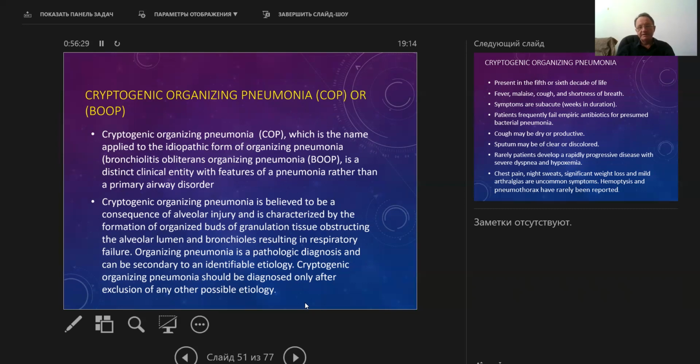After three months, we changed the diagnosis to lung carcinoma. That's why we should exclude causative factors which accompany clinical and instrumental signs of organizing pneumonia.